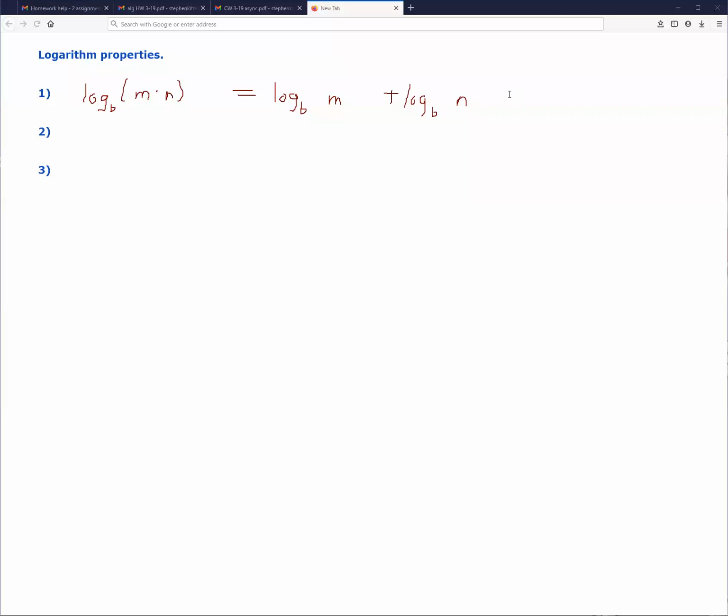So what we're going to take from this is that inside multiply equals outside add. Don't go the other way. It's very tempting to get this confused and go, oh, well, if there's an addition on the inside, I can do something with that. You can't. That doesn't work.